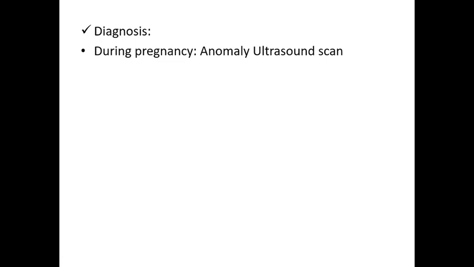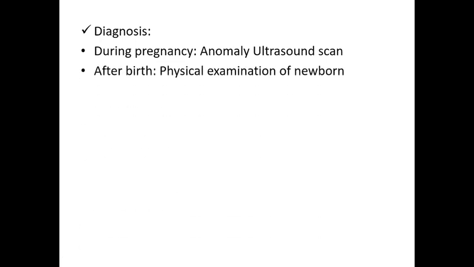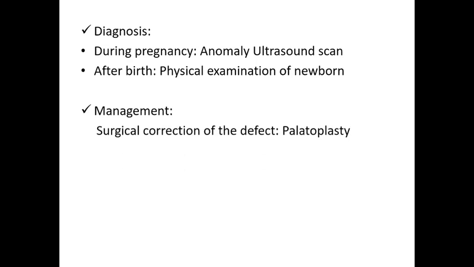So how can you diagnose this? Once again, during pregnancy, by doing an anomaly scan, you may be able to detect it, because most of the time cleft lip is associated with cleft palate also. And after birth, it's by physical examination of the newborn baby. So what is the management? Management is always surgery.